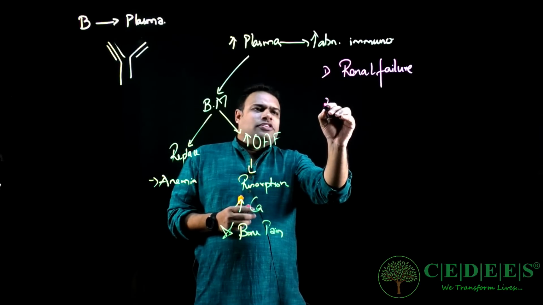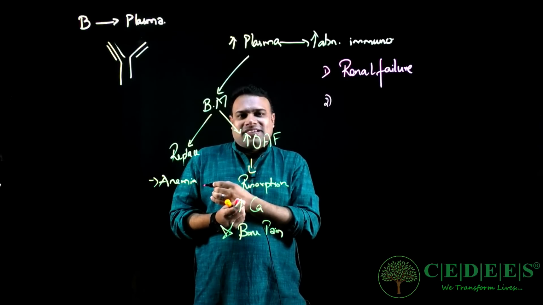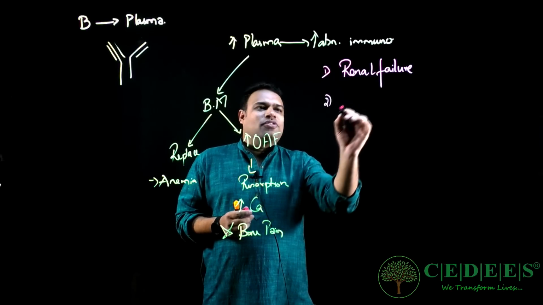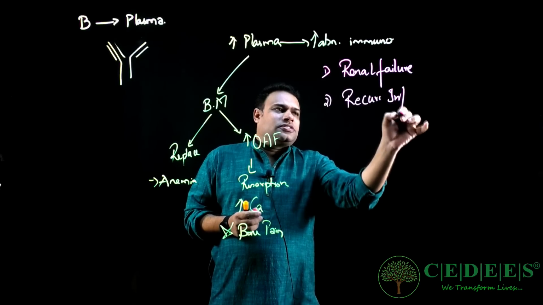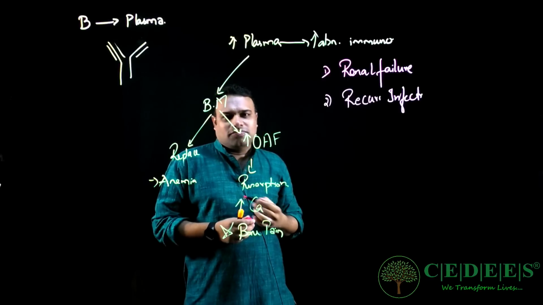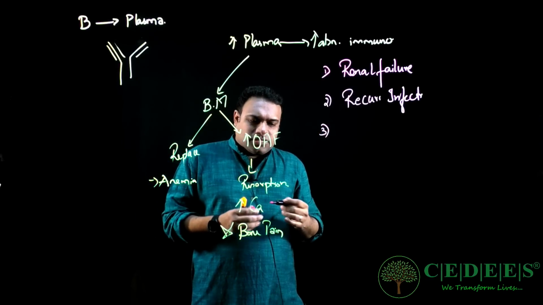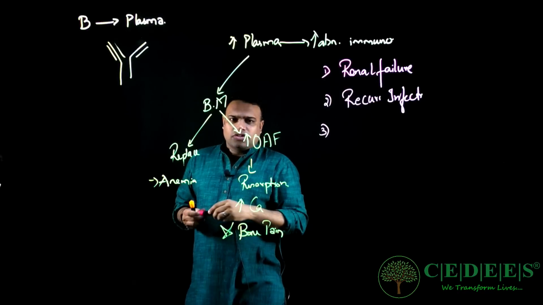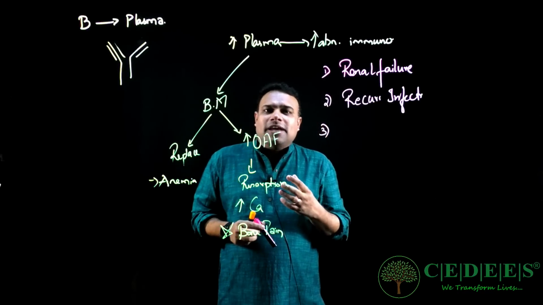The second most important feature is there is suppression of normal immunoglobulins, as a result of which the patients are prone to recurrent infections. Okay, that is the second most important concept. The third one is that because these immunoglobulins are produced in excess, there is a concept called the M spike.